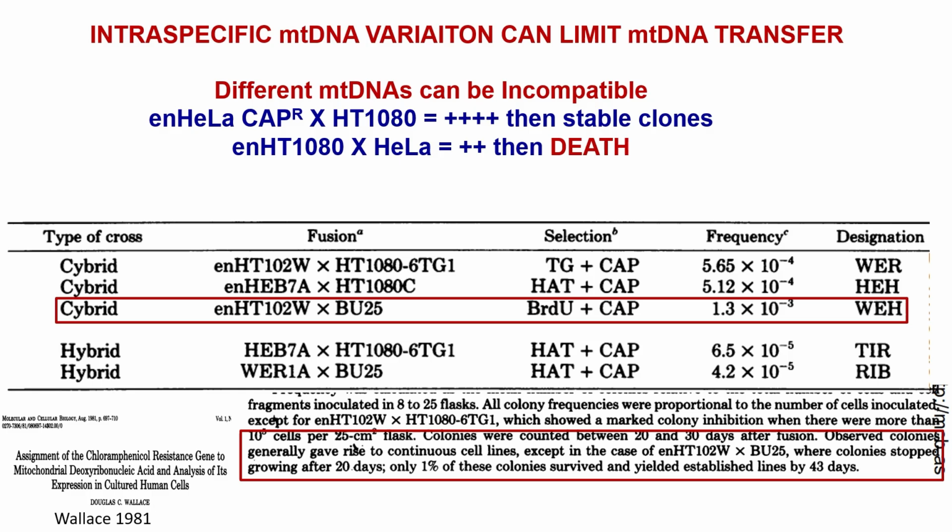But what happened when we took the HD1080 chloramphenicol mitochondria and fused it to a HeLa cell, initially you got lots of colonies, but then they began to all blow up and they all died. So it wasn't absolutely true that all the intraspecific mitochondria worked. Sometimes they did, and sometimes they didn't. And what was interesting then is this post-effect of the colony formation, which was, we now know, apoptosis.